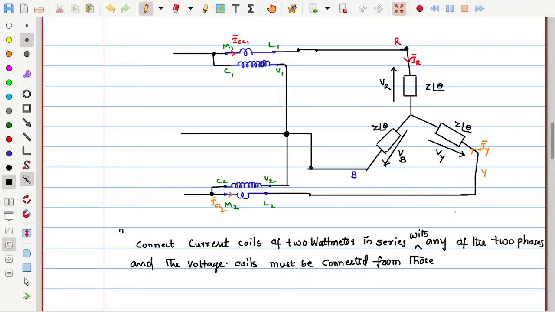Here, for example, I had chosen R and Y.